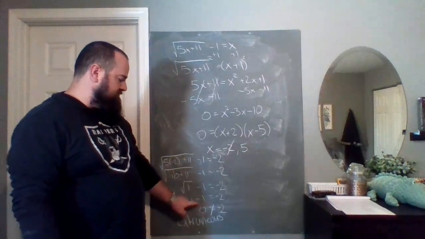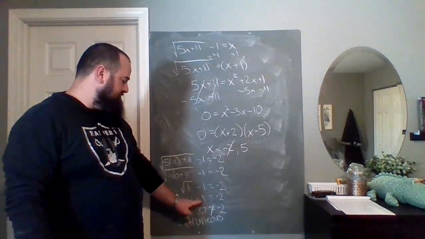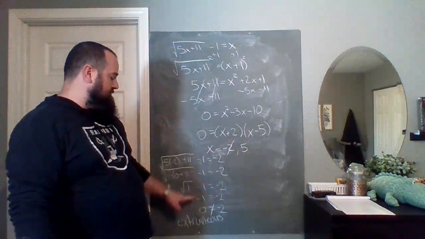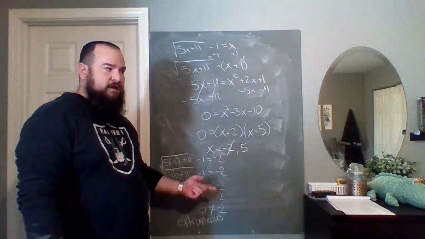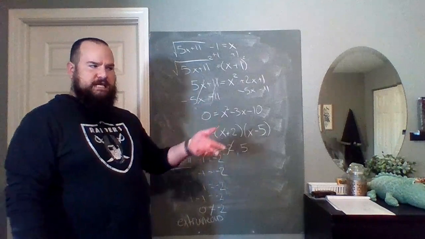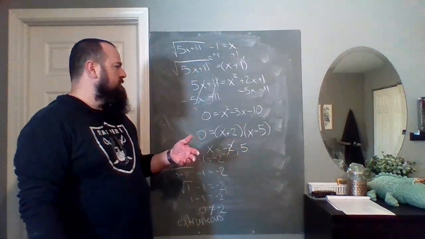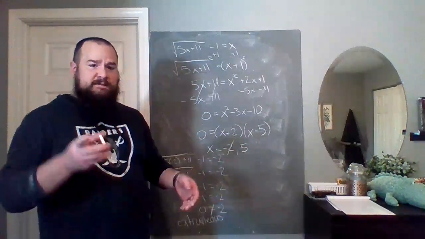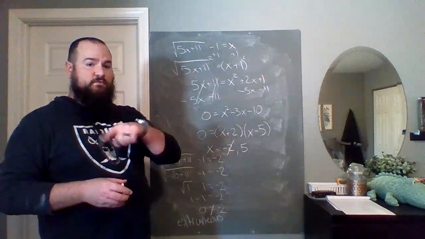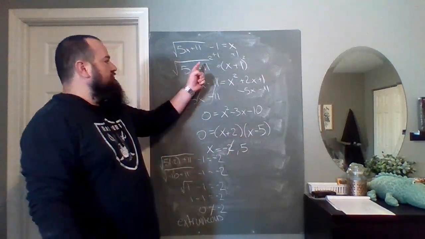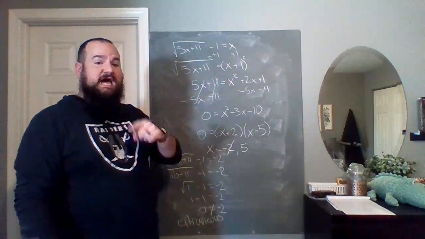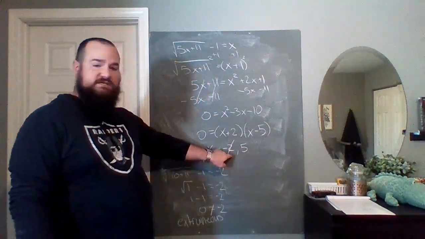So instead of doing this subtraction, saying 0 equals -2, if I add this 1 over here, which is our first step, I would get 1. If I add 1 to -2, I get -1. So I get 1 equals -1. That's not true though, right? But if I square both of those, 1 squared is 1, and -1 squared is 1. So when we square both sides, we have the potential of introducing extraneous solutions.